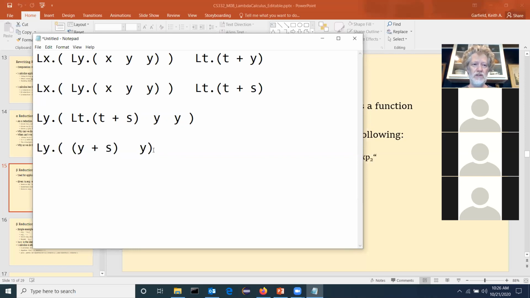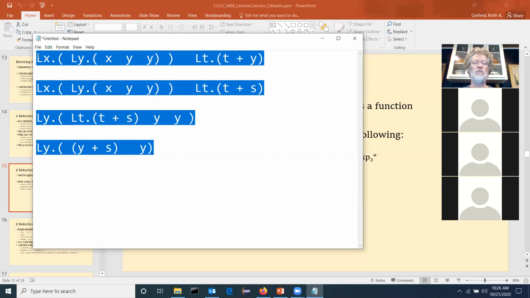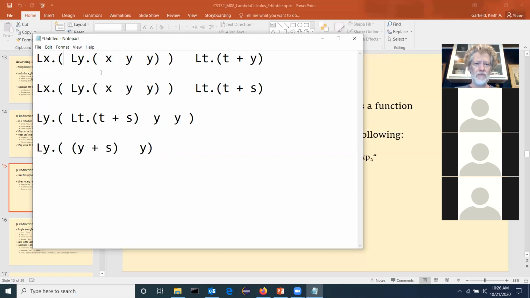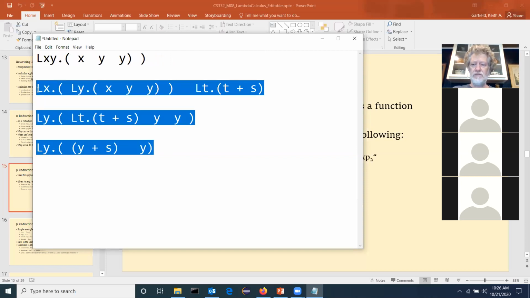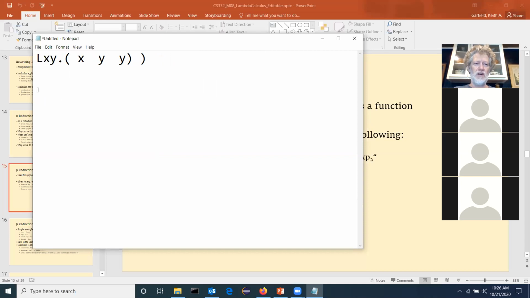Okay, let's see. Do we need to do any more of these? Oh, yes, let's do one more thing. I'm going to take this example and do something slightly different. Because once you have multiple variables, this thing can get ugly. So this is shorthand for that. And the scoping still applies. You go from the left to the right, that's considered outward in.